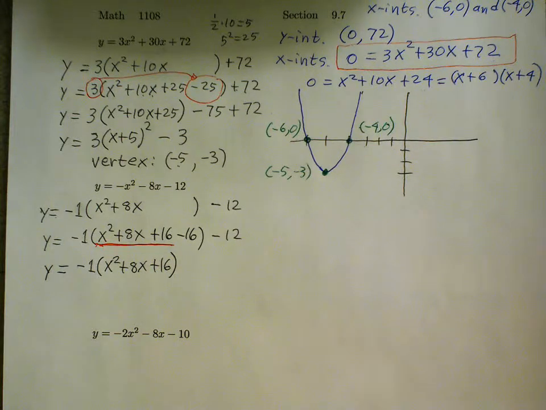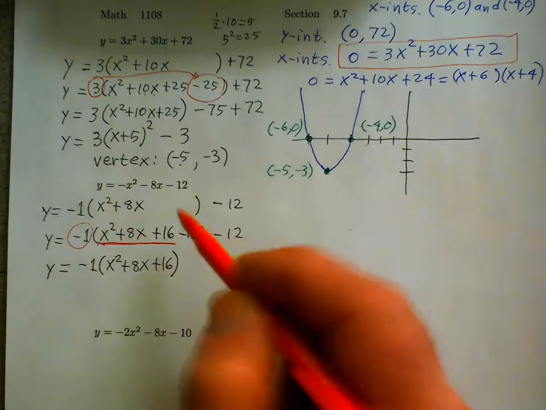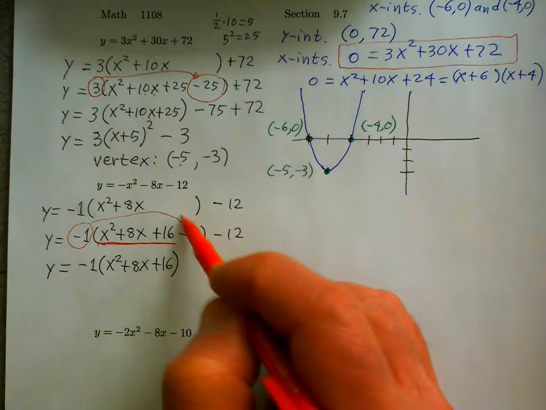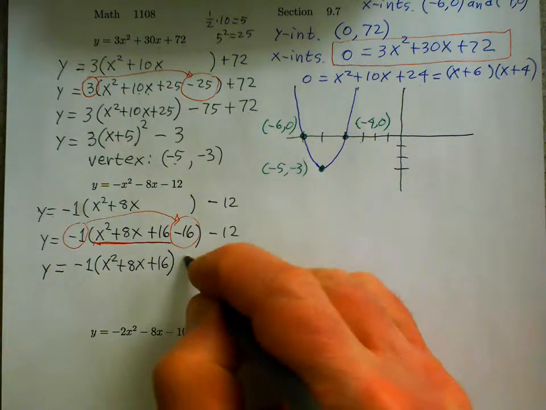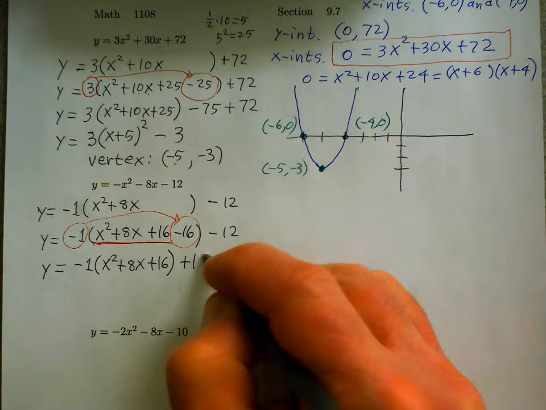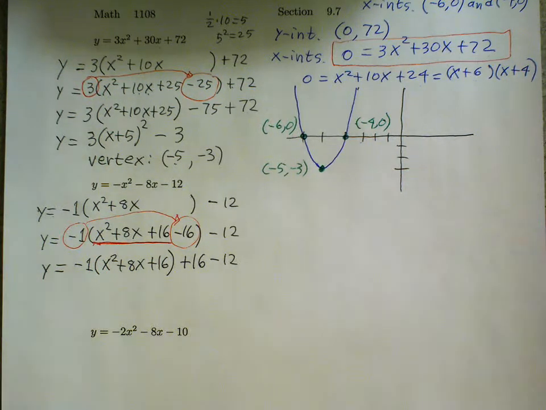When we apply the distributive property, -1 times -16 is positive 16, which goes on the outside of the parentheses, together with the minus 12 that's already on the outside.